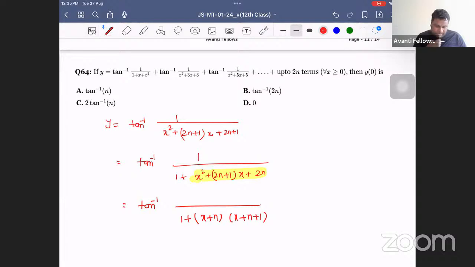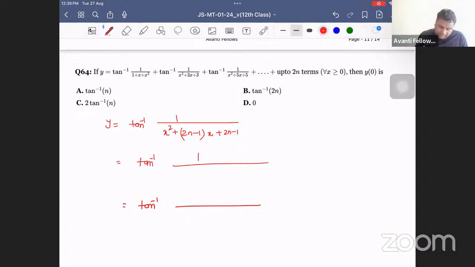Up to the 2nth term they are asking. I have done it up to the nth term. So up to the nth term, it will be 1, 3, 5. The nth term goes 2n minus 1. I made a little mistake here. 2n minus 1.